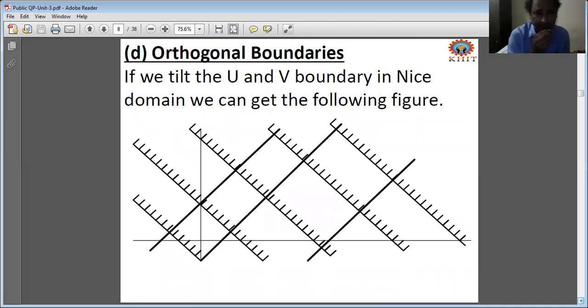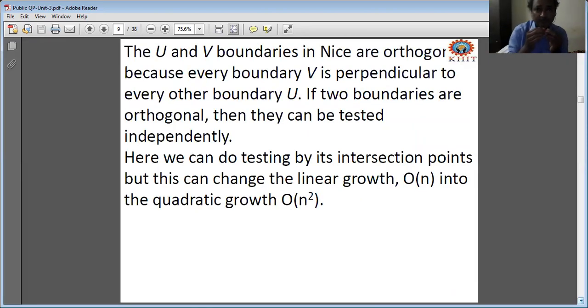Orthogonal boundaries. If we tilt the U and V boundary in the nice domain, we can get the following figure. The U and V boundaries in nice domains are orthogonal because every boundary V is perpendicular to every other boundary U. If two boundaries are orthogonal, then they can be tested independently.